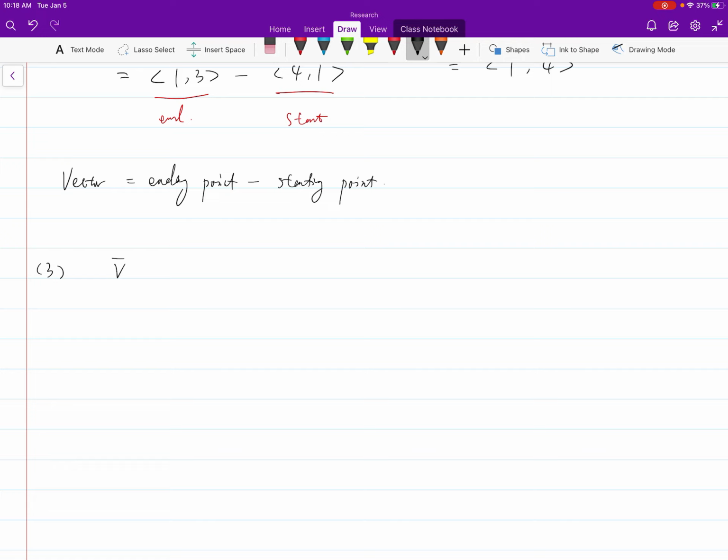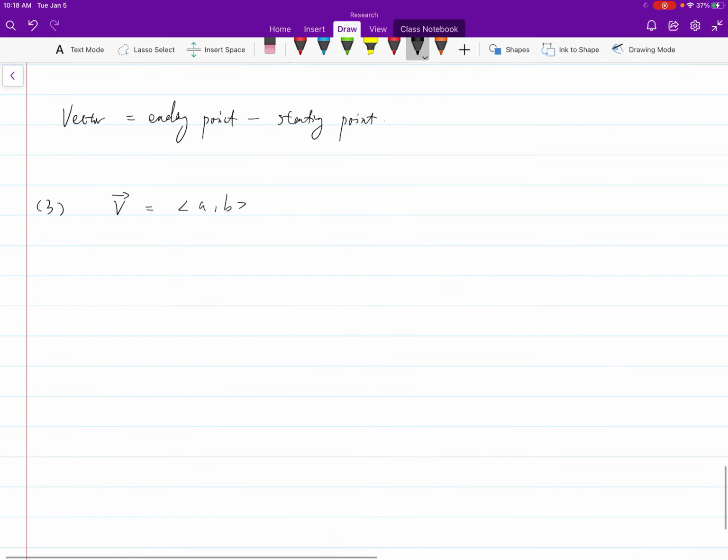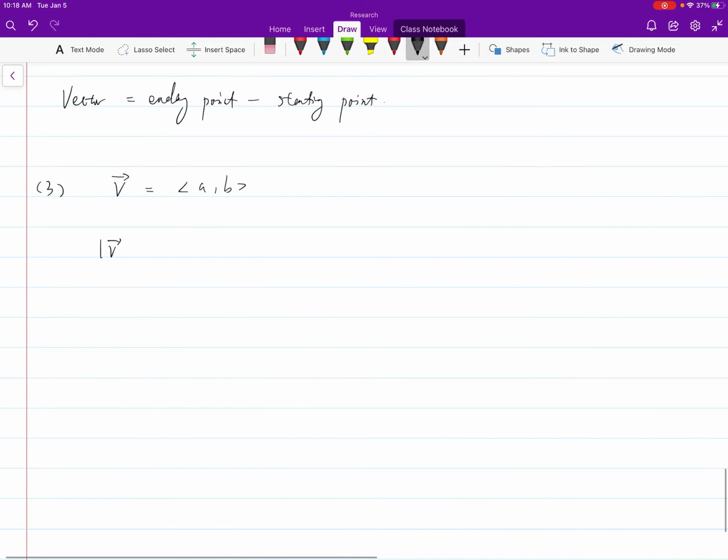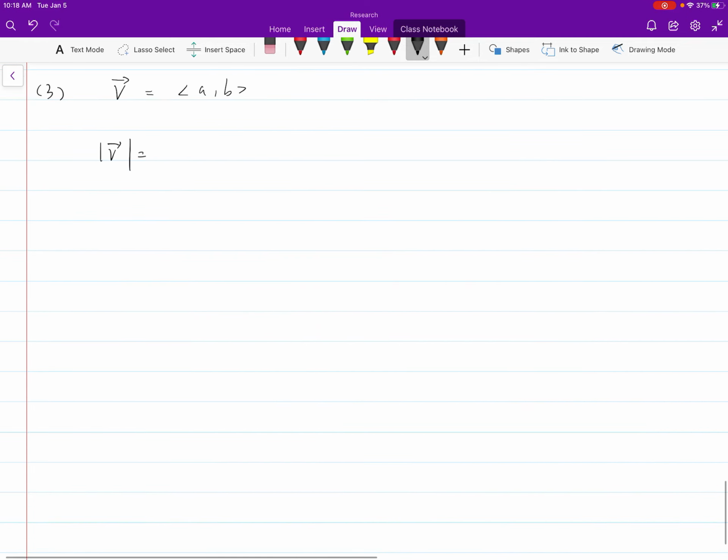All right, keep going. If you know V equals a vector AB, can you tell me how long V is? Just by looking at these numbers. Very easy. Vector AB means this point is AB.